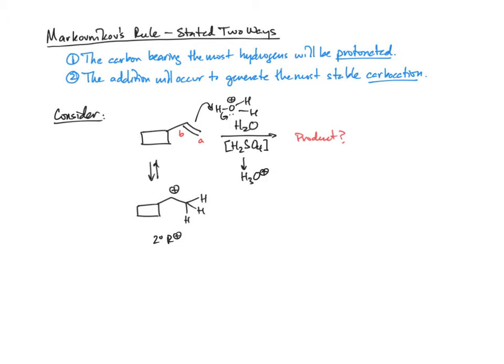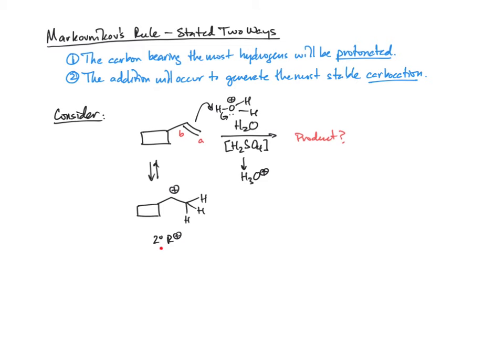Primary. So if we protonate B, we generate a primary carbocation. Again, we're trying to generate the most stable carbocation, so we're going to protonate A to give the secondary carbocation rather than the primary. The alternative pathway is not going to be favored.